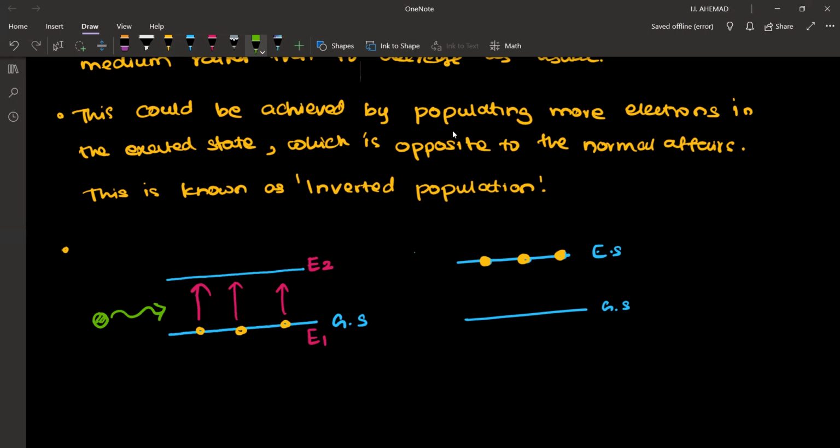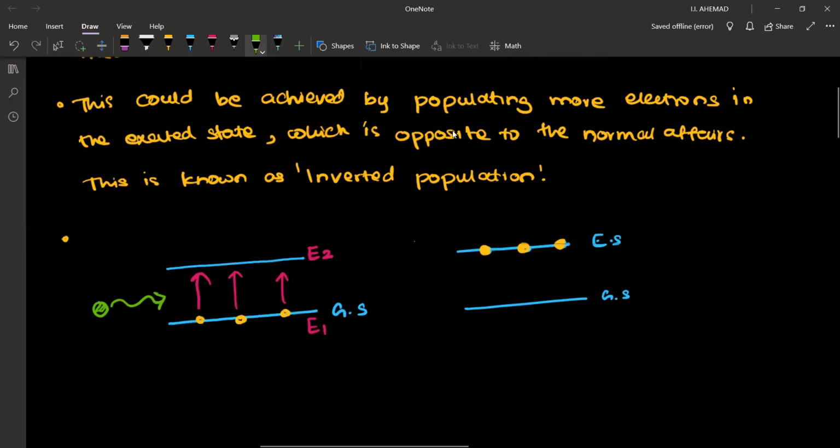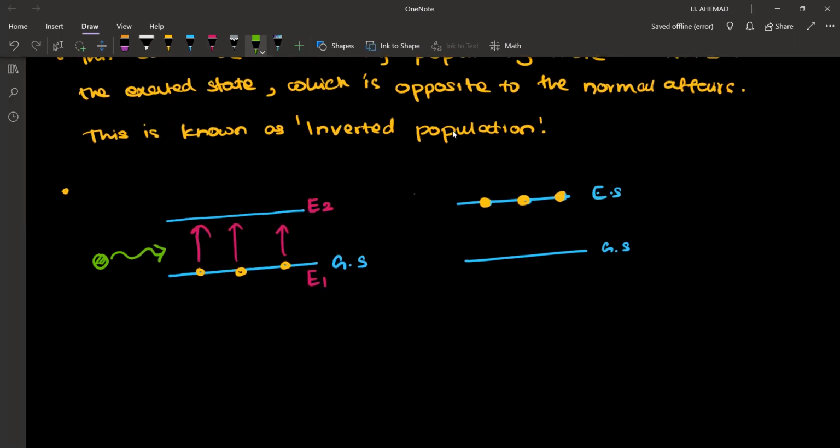The electrons will absorb the energy from this photon and get excited. But when we were discussing absorption, we studied something very important: these electrons will absorb energy only if the energy matches correctly. Otherwise, they won't absorb. So what has to be the energy of this photon? It has to be E2 minus E1.